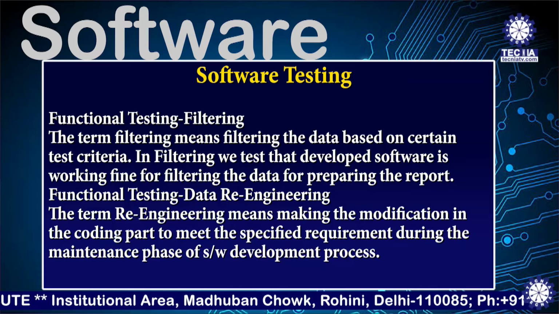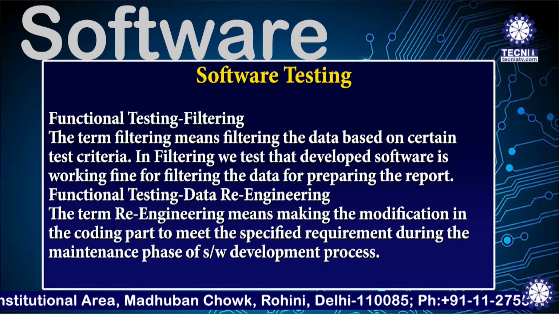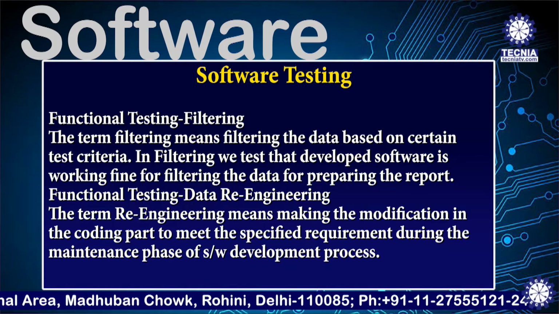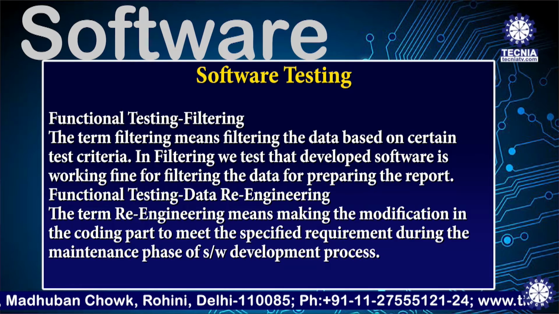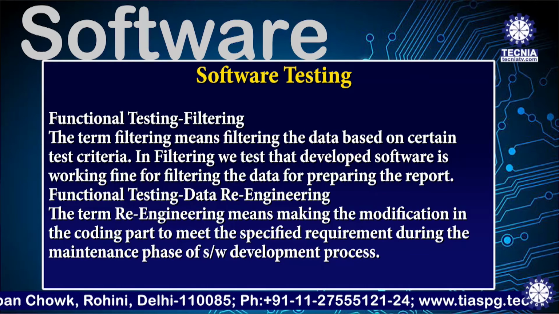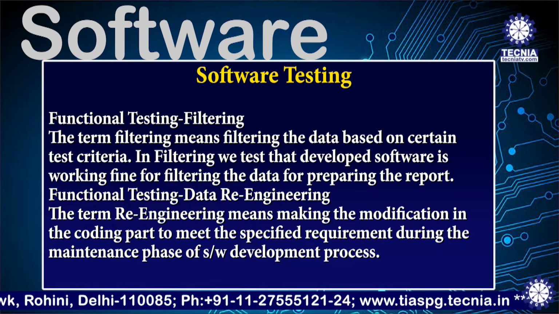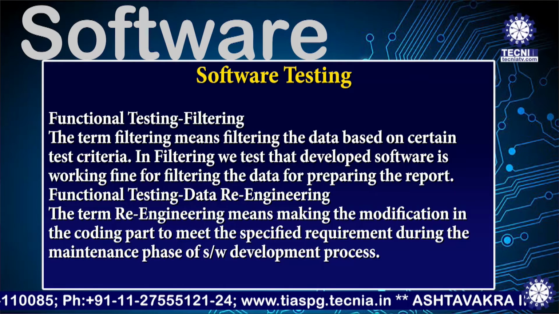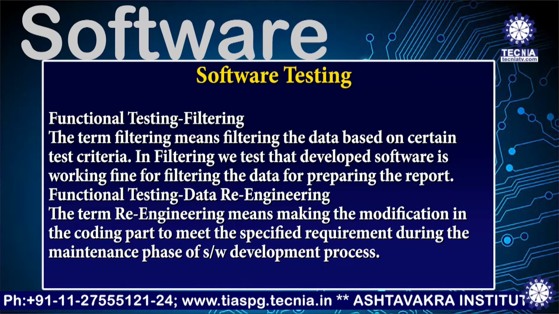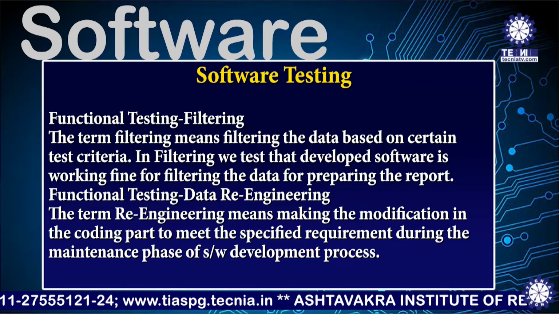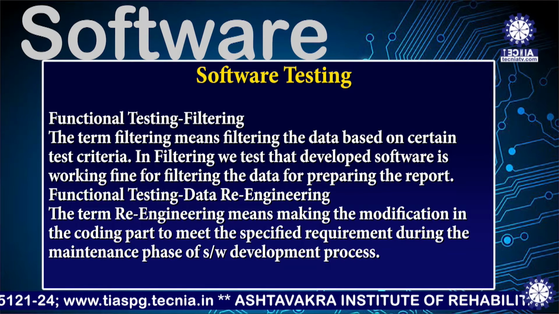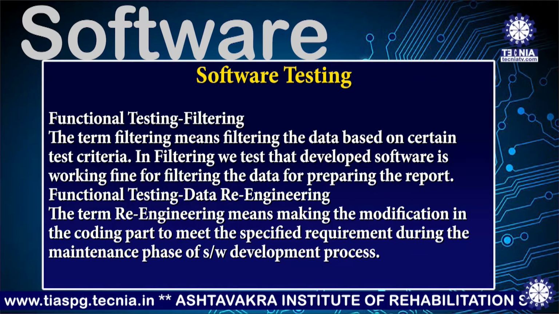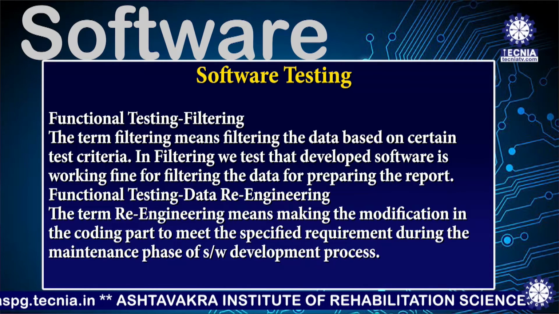The term filtering means filtering the data based on certain test criteria. In filtering, we test that the developed software is working fine, or we filter the data for preparing a report which can be used by the management to take decisions in their offices.